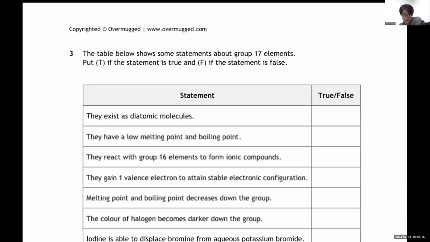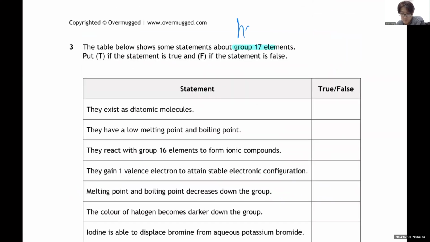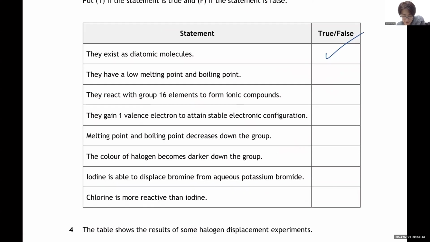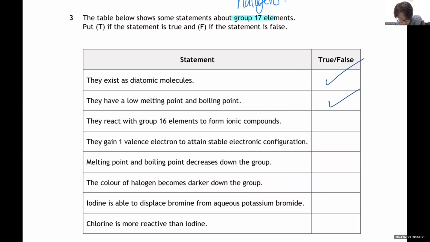Okay, let's go. True, false again. This one is group 17. What else do we call them? So, diatomic. True, I'm going to take false, lazy. Low melting and boiling point. Yes. 16.